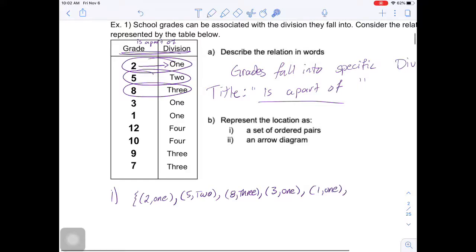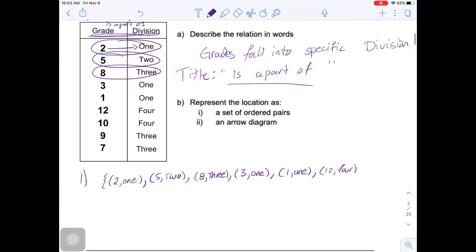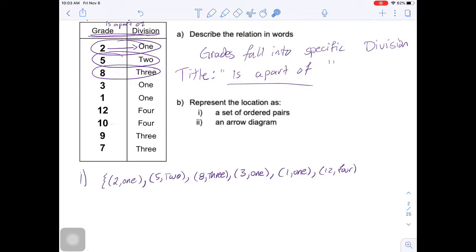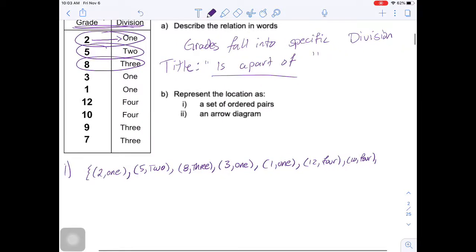And then I have grades 12 and 4. So 12 and 4 here. 10 and 4. And 9 and 3. And lastly, 7 and 3.